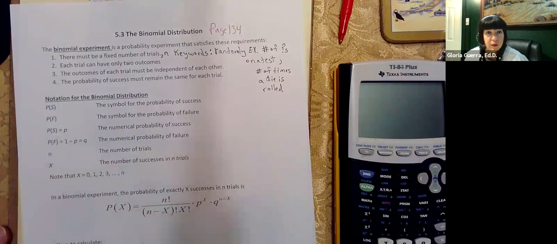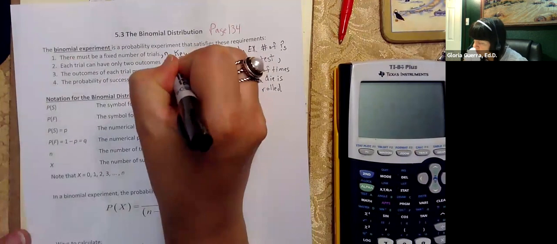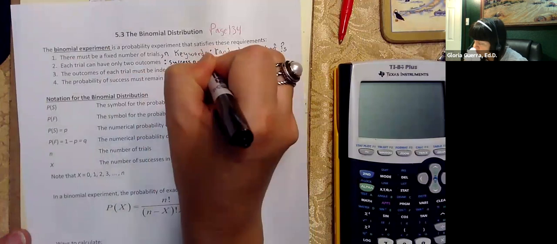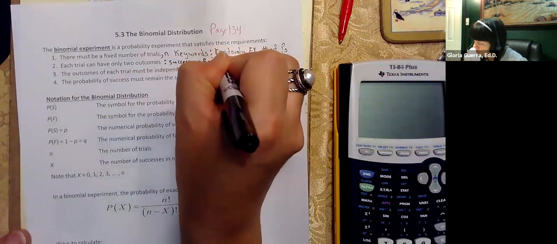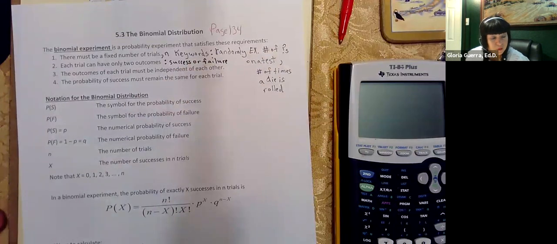Each trial can have only 2 outcomes. So you have what they call success or failure. The outcomes of each trial must be independent of each other.